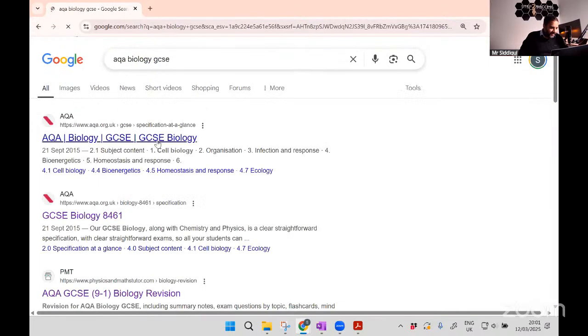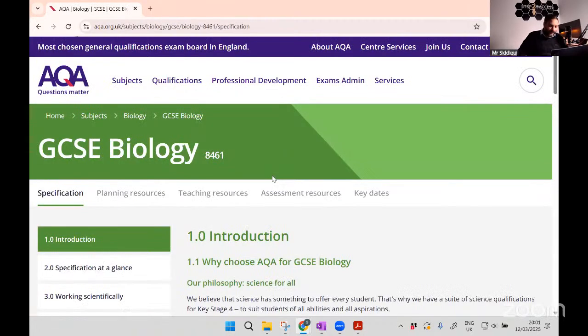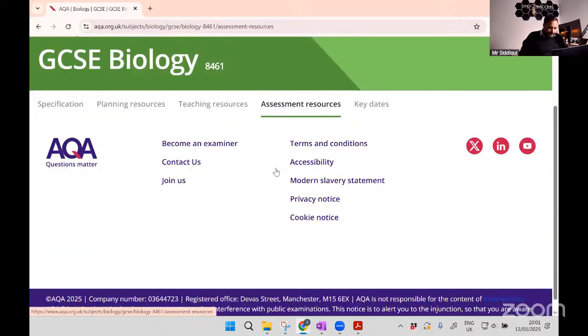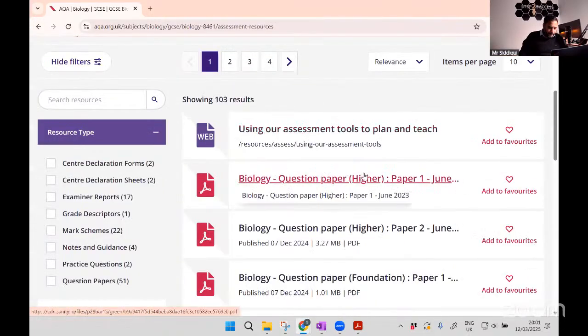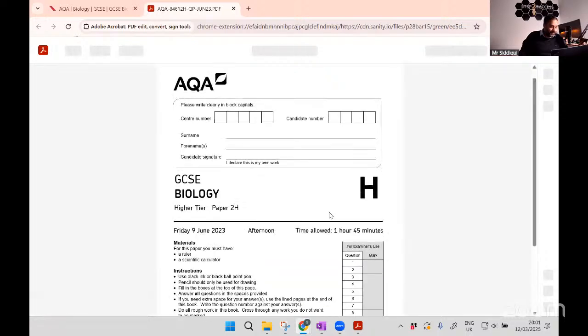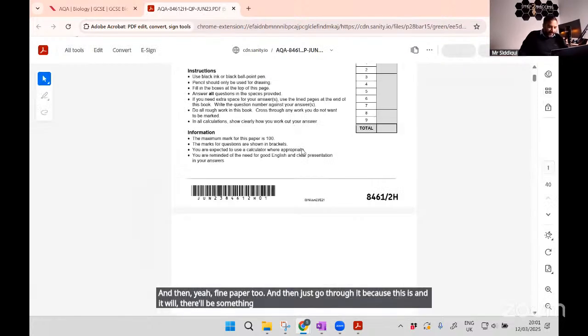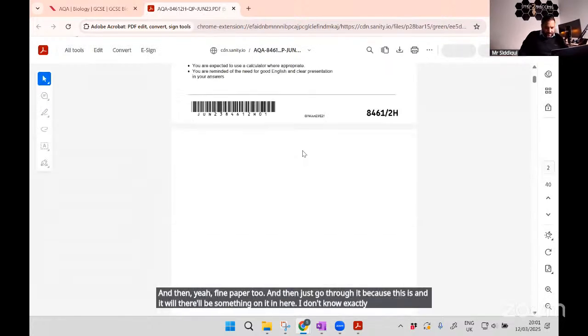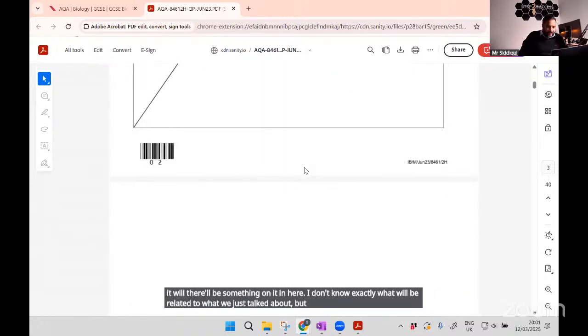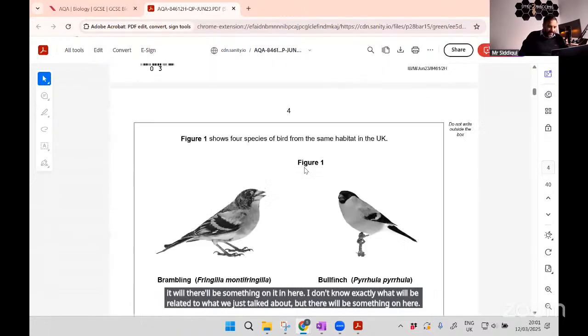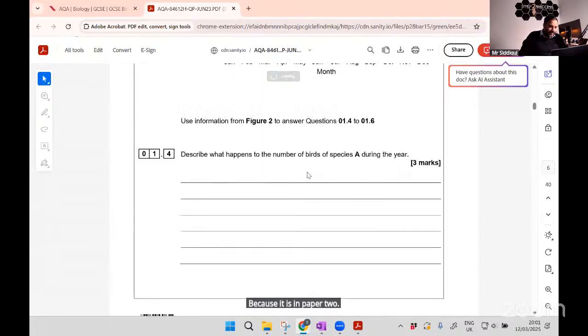Right, do that. And then find paper two, and then just go through it, because there'll be something on it in here. I just don't know exactly what will be related to what we just talked about, but there will be something on here, because it is in paper two. We'll see if I can find it.